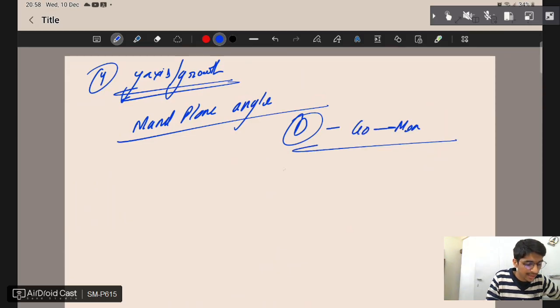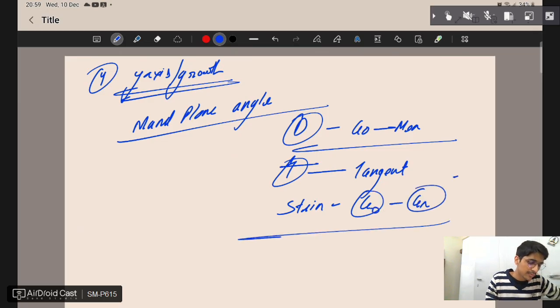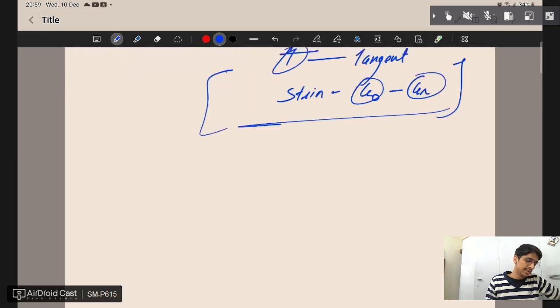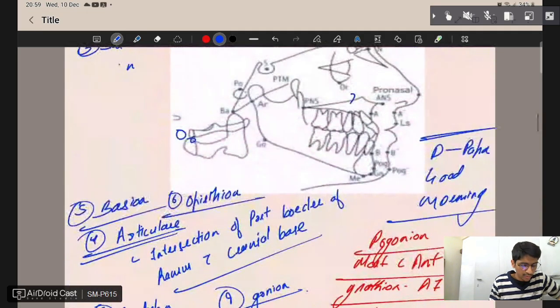In Tweed's it is simple, TT, a tangent drawn on the lower border of the ramus. In Steiner's it is GG, gonion to gnathion. In Downs, we have it simple, gonion to menton.